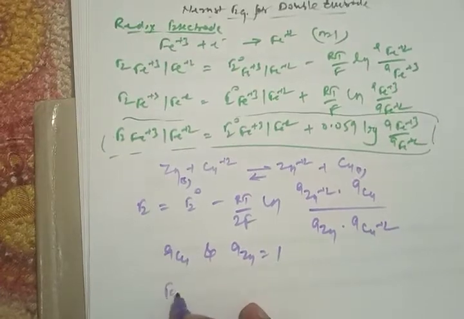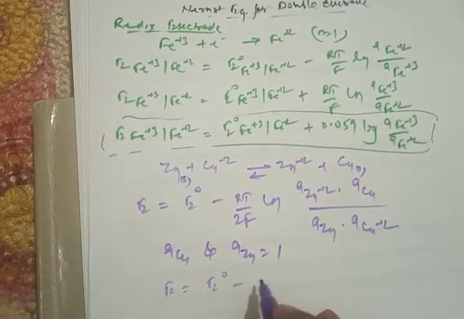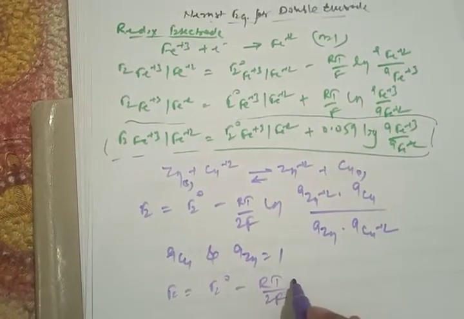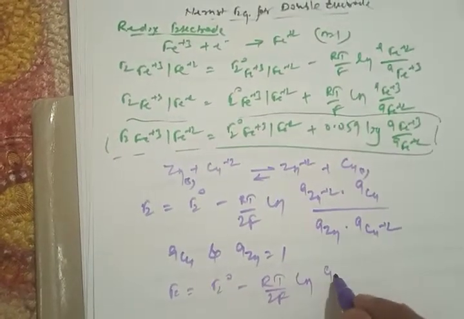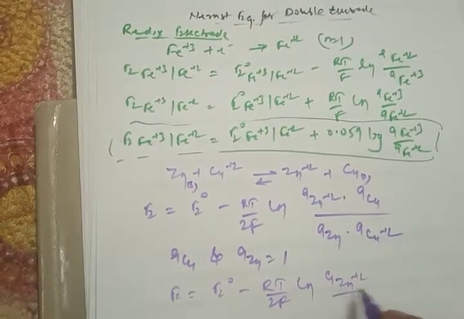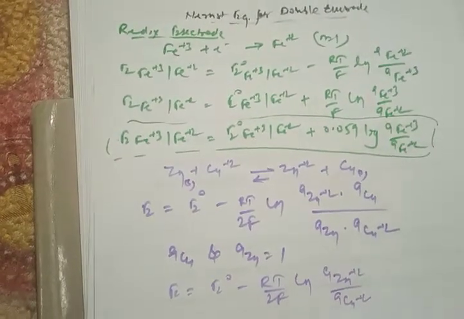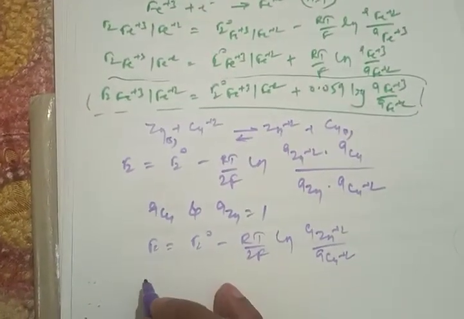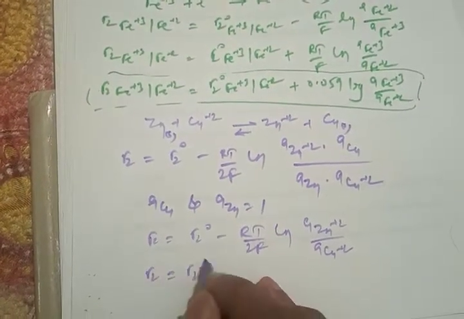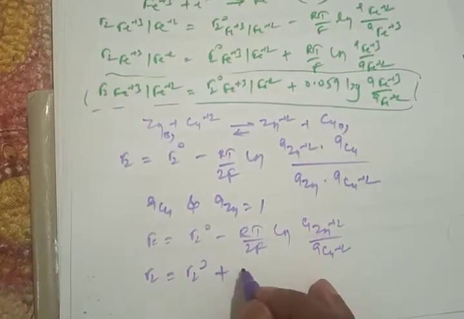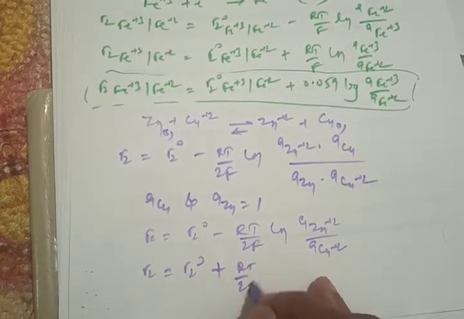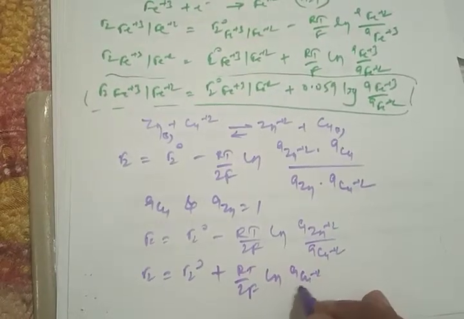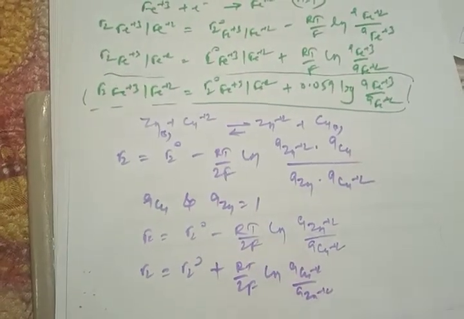So E equals E naught and RT upon 2F ln A Zn+2 and A is the activity, Cu+2. If you change it, this can be written like this: E naught plus RT upon 2F ln A Cu+2 and A Zn+2.